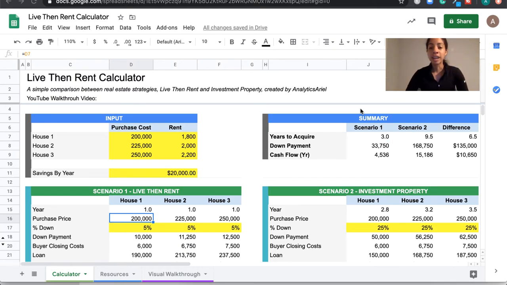Now, if you look at the second scenario for traditional investment property, it is going to take us a longer time to acquire the money for these homes. And because of that, it's going to take about 9.5 years to get the cash for it. Again, there are assumptions here that you're not getting any raises at work, for example, and that you're not increasing your savings.